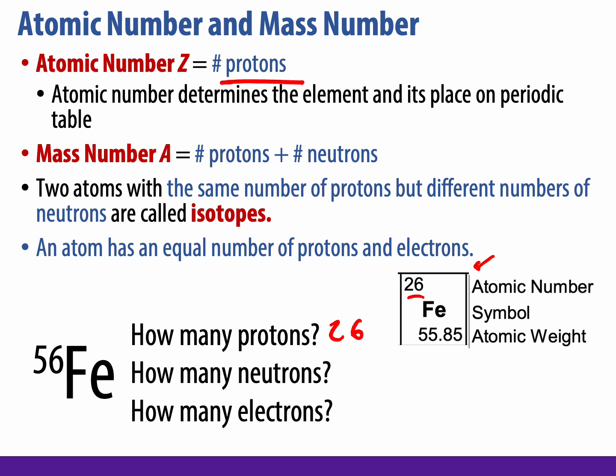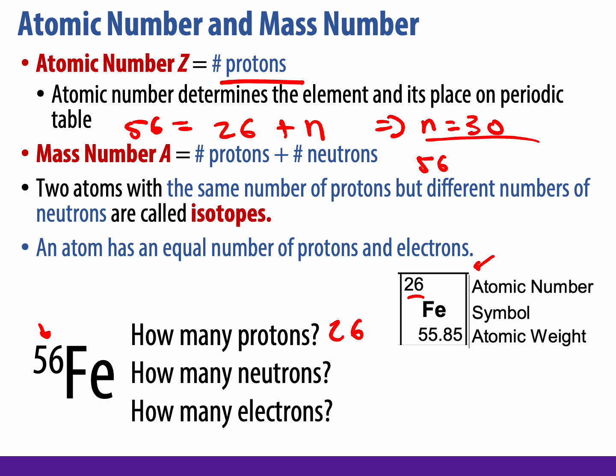How many neutrons? The mass number is protons plus neutrons, so the mass number is this number up here. 56 is equal to protons, 26, plus neutrons, which I'll represent as N. To make that equation work, we subtract 26 from both sides and get 30 neutrons. 56 minus 26 is equal to N.